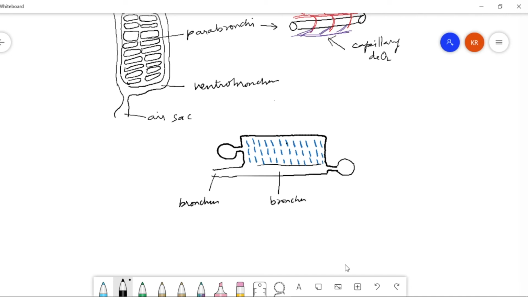All these are parabronchi. This whole structure is the lung. This is representative of anterior air sacs. This is representative of posterior air sacs.